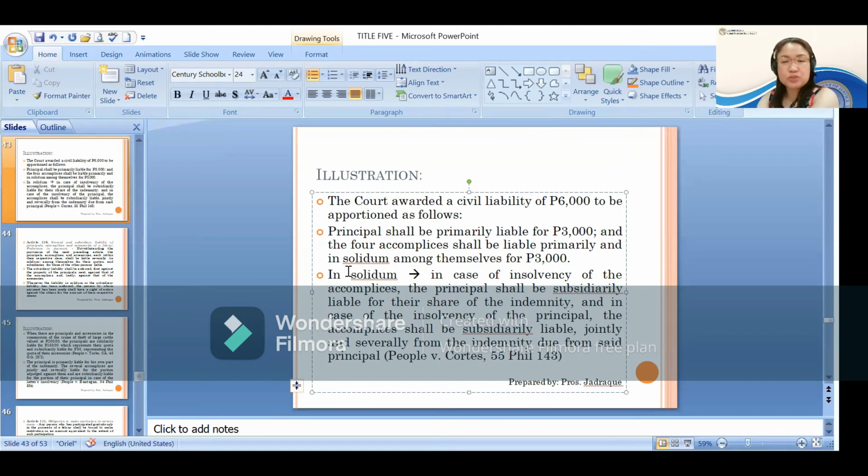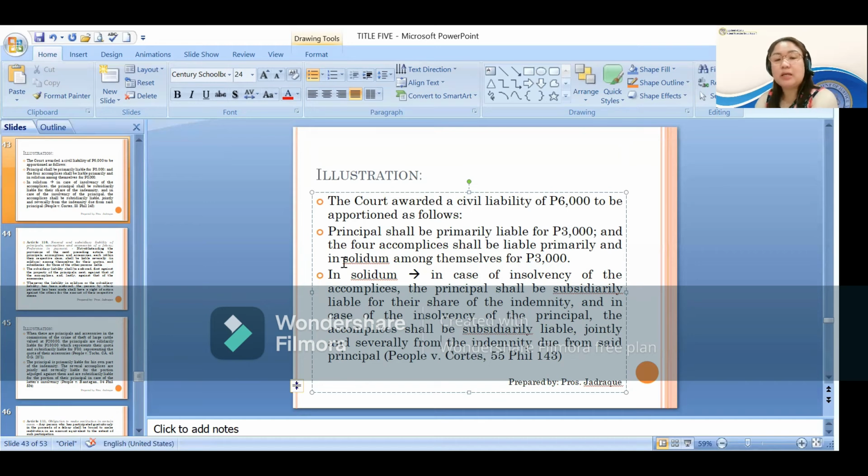So in other words, when we say in solidum or solidary liability, if the principal is insolvent, the accomplices shall be subsidiarily liable for the share of the liability of the principal.